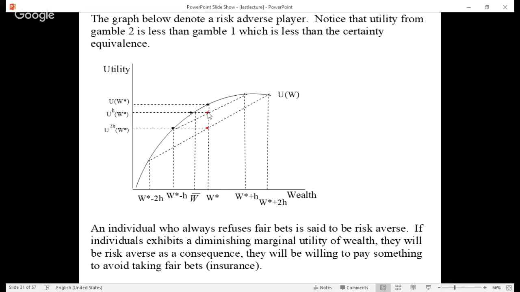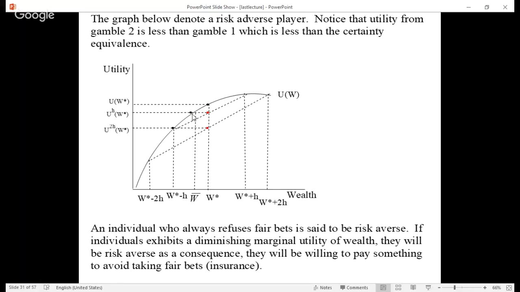Now, this person would actually be willing to pay to avoid this gamble. You can think of it as insurance. And the amount he'd be willing to pay is, now pretend that this line over here is actually on the curve where the dot is, but the amount he'd be willing to pay is W bar.